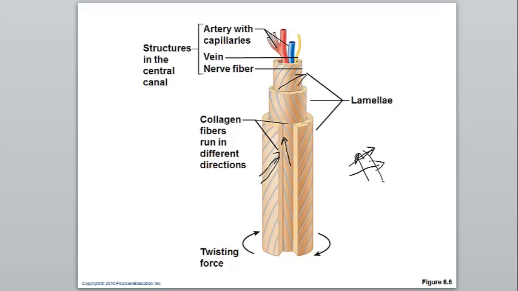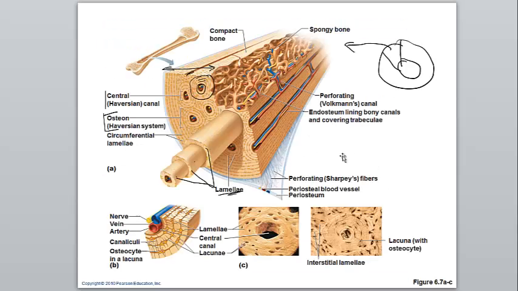So that means you have fibers running in crisscross, which tends to give more strength to the osteons itself. Because remember, these are osteons, right? This is one osteon made up of lamellae. So this kind of gives that twisting force. Okay, crisscrossing of your collagen fiber gives the twisting force itself to your osteons.